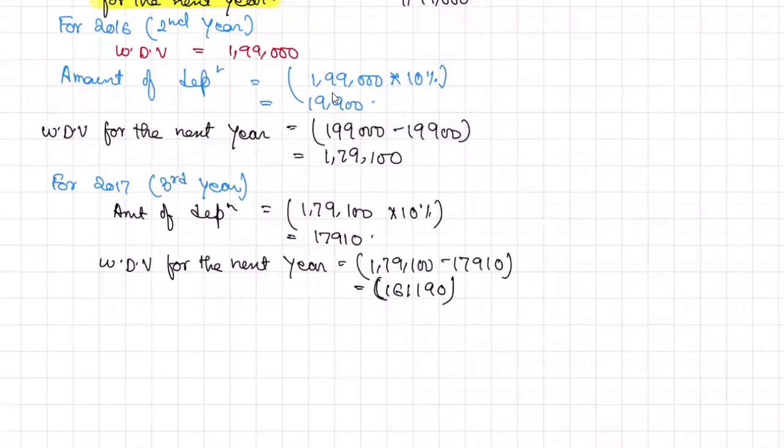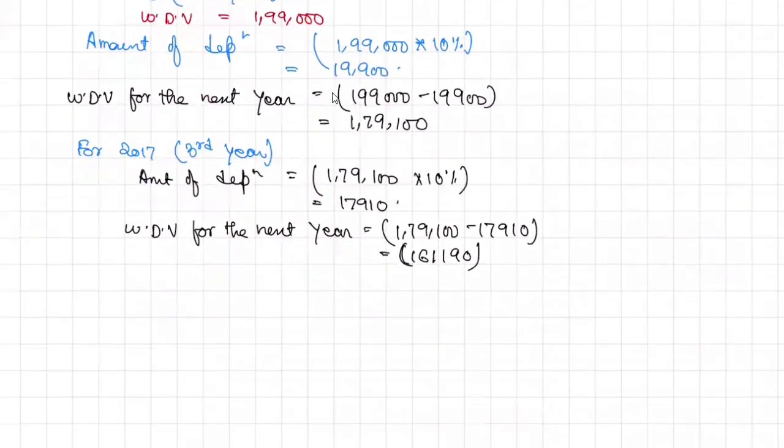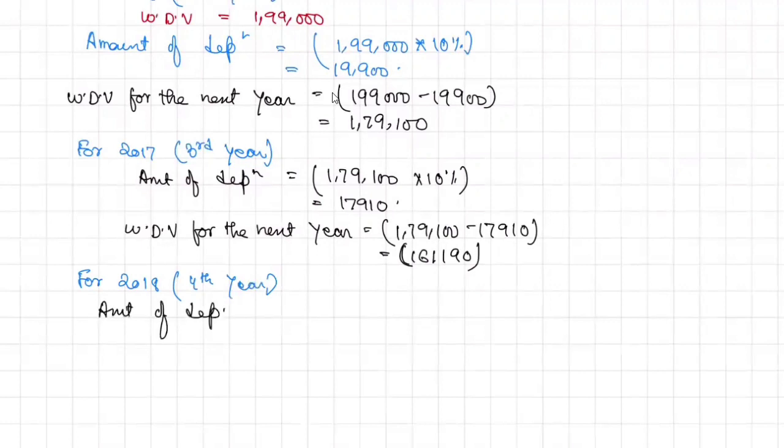So for 2018, it will go on like this. In the fourth year, the amount of depreciation will be equal to 1,61,190 into 10%.